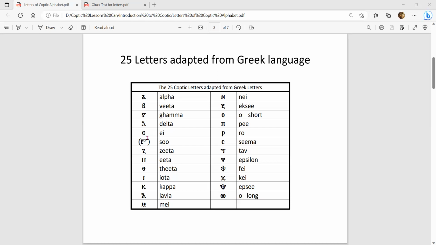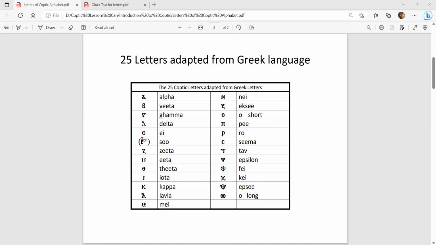The one after is ei. The sixth letter is su, but here we shall notice something: su has a dash, a horizontal line on top of it.